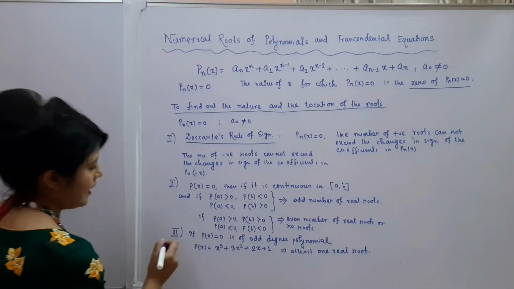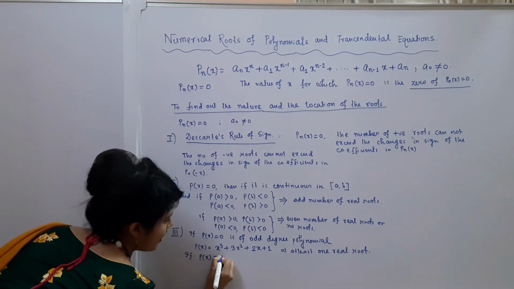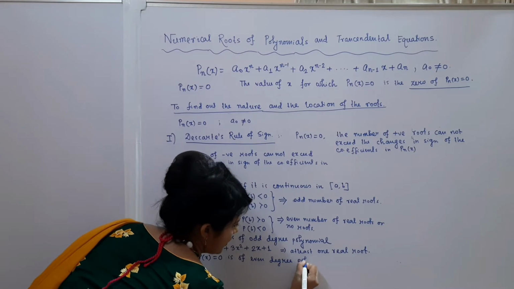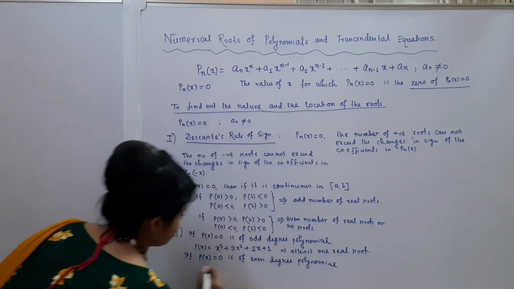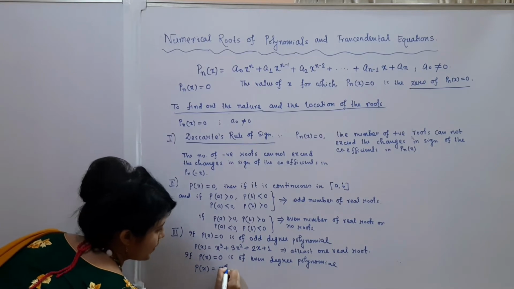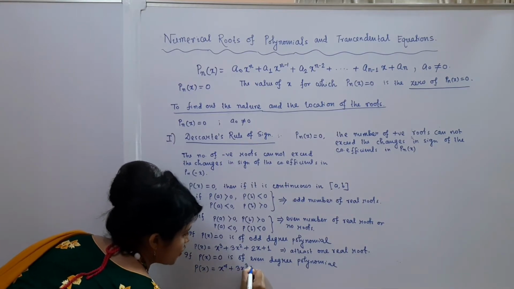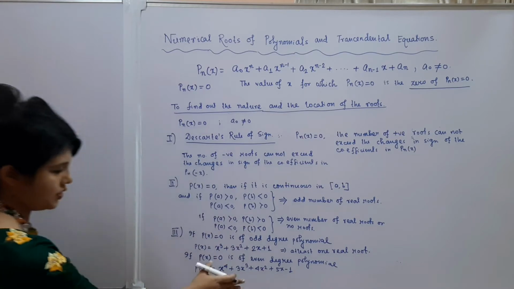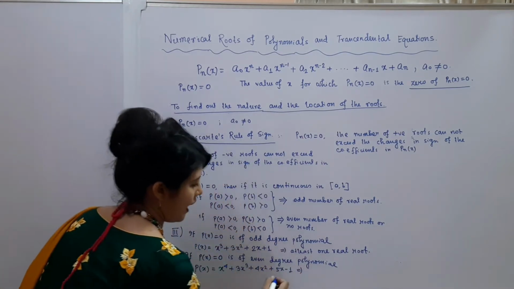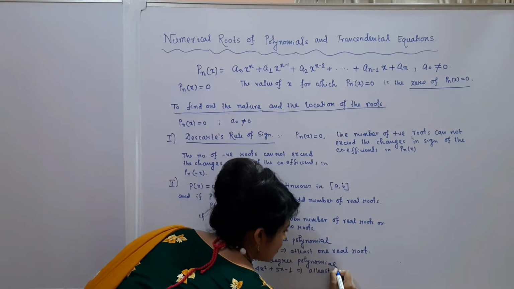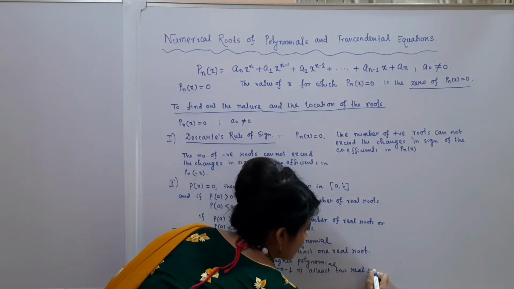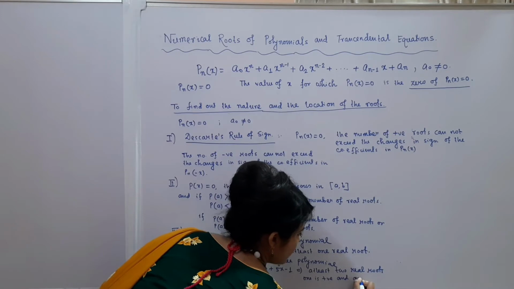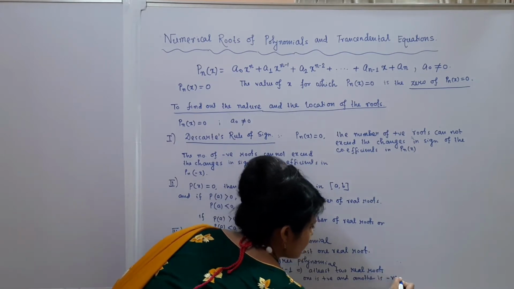And if p(x) = 0 is an even degree polynomial, that means suppose p(x) is equal to x to the power 4 plus 3x cube plus 4x square plus 5x minus 1, then it should have at least 2 real roots, one positive and another negative.